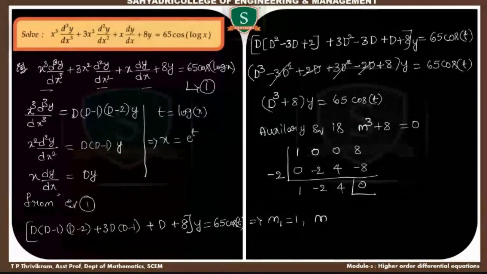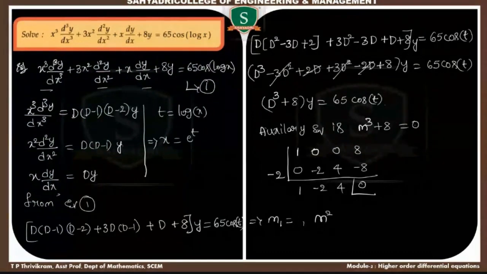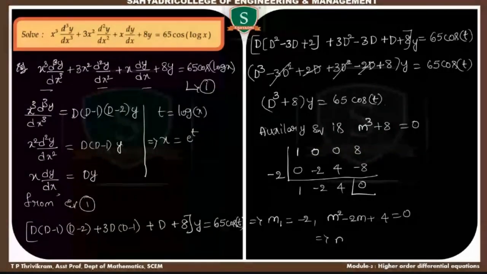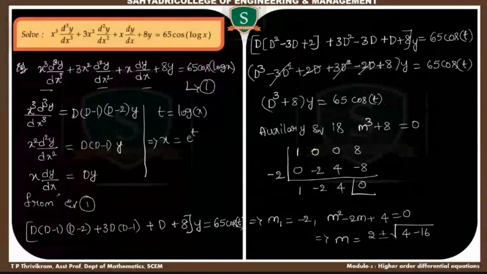So m1 is equal to minus 2. Next, m square minus 2m plus 4 equal to 0. Implies m is equal to how much? 2 plus or minus root of 4 minus 16 divided by 2a.